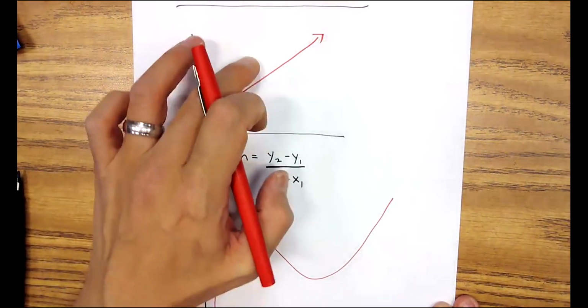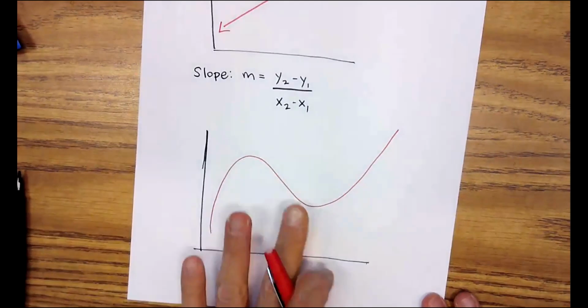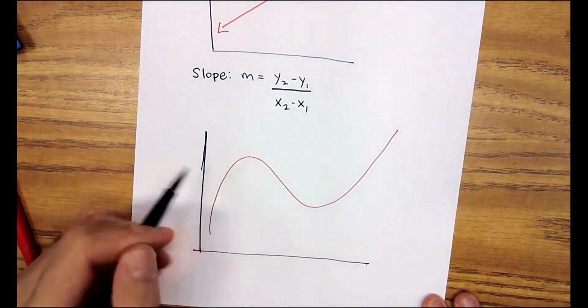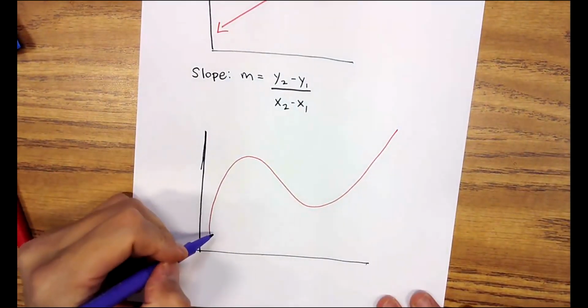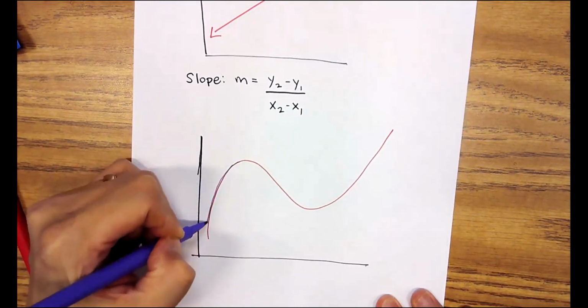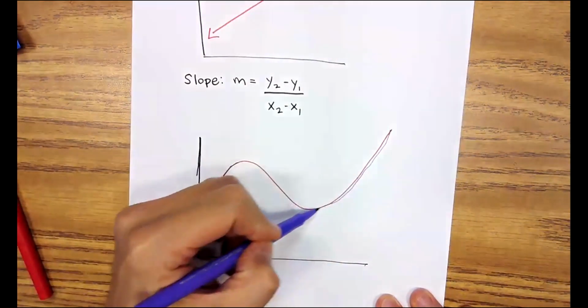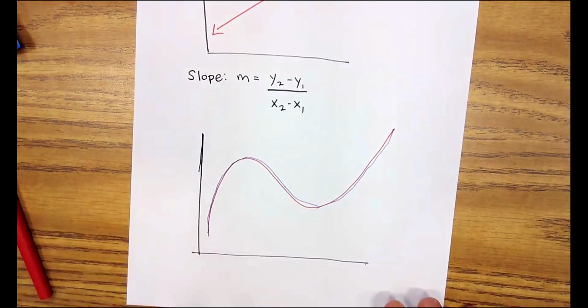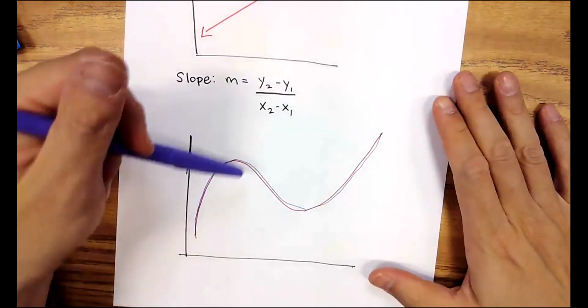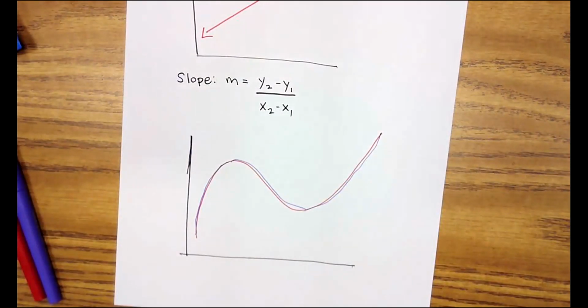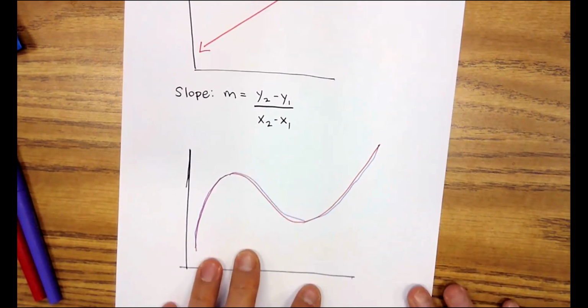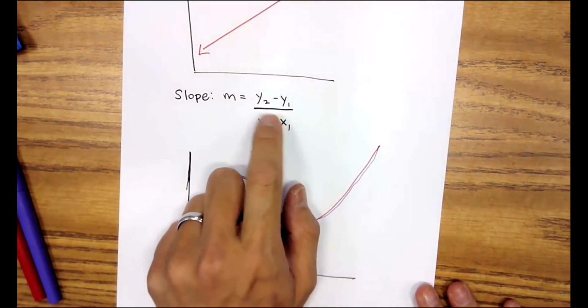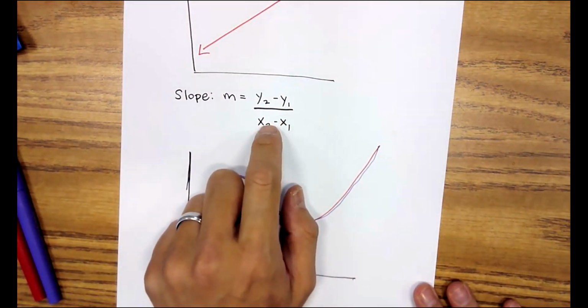Your slope stays constant throughout the function. Here, this slope is different from this slope is different from this slope, right? So everything is a little bit different. So that's why we call it average rate of change. But the formula still holds true.